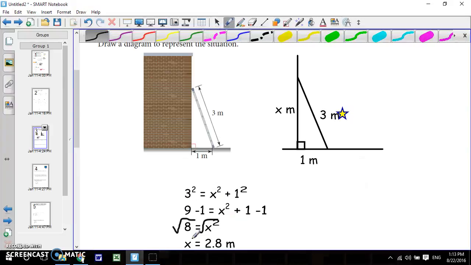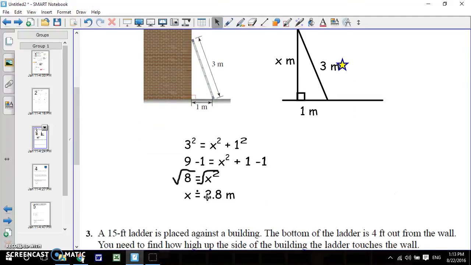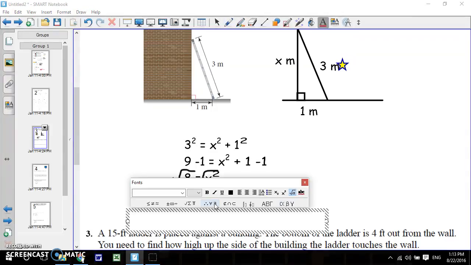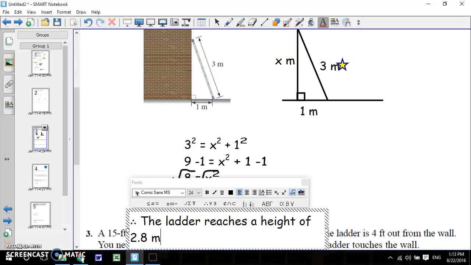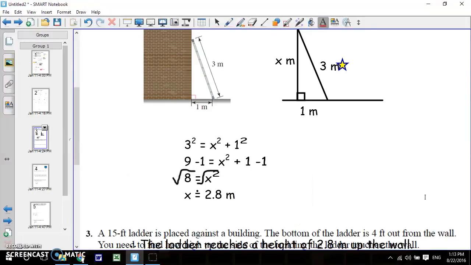Let's add the dotted equal sign to show that this is an approximated value. And since this is a word problem, we will have the therefore statement. Therefore, the ladder reaches a height of 2.8 meters up the wall.